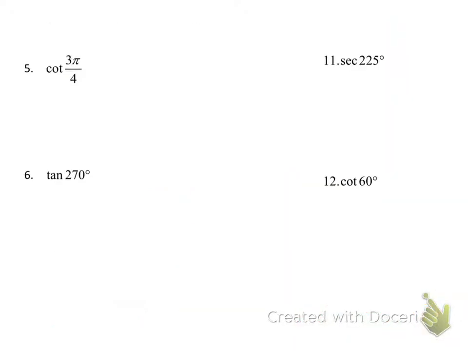All right, last 4. Cotangent is the flip of tan. So rather than y over x, it's x over y. 3 pi over 4 is in quadrant 2. It has a denominator of 4. So you're looking at root 2 over 2 and root 2 over 2.